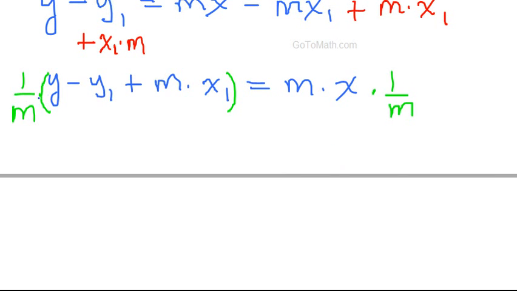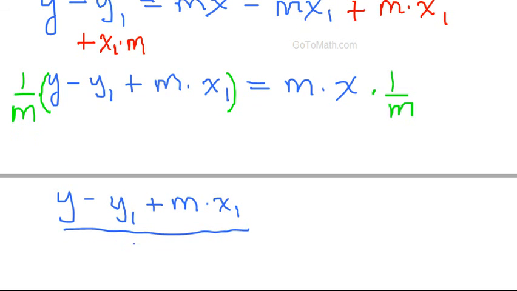Now, what I'm going to do here is something amazing. Not really. Plus m x sub 1 over, put that m down here, right, is equal to x.